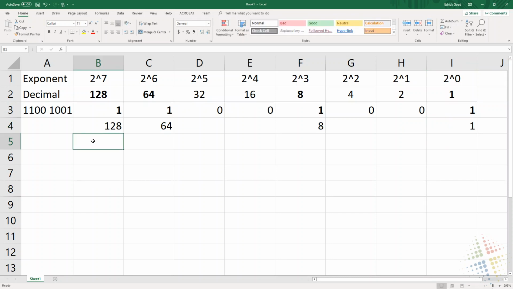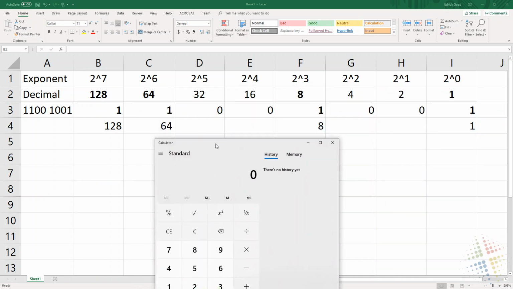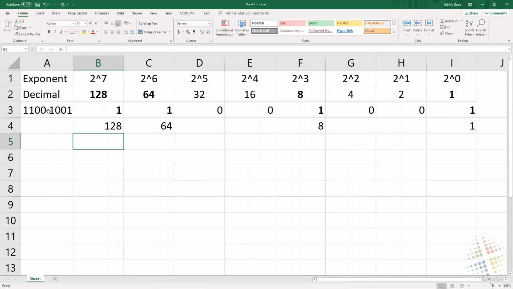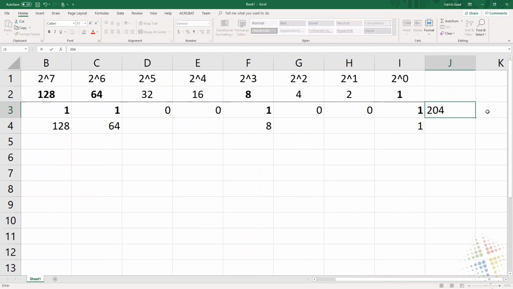Let's pull up the calculator and find out what that actually is. 128 plus 64 plus 8 plus 1 is 201. So therefore, this binary number 11001001 is 201.